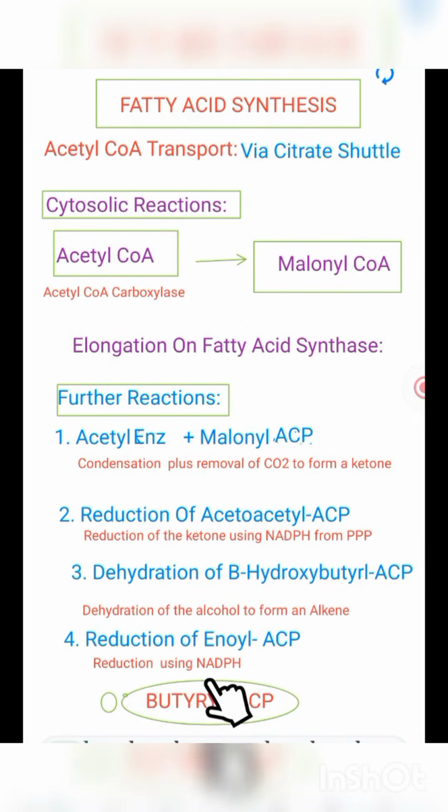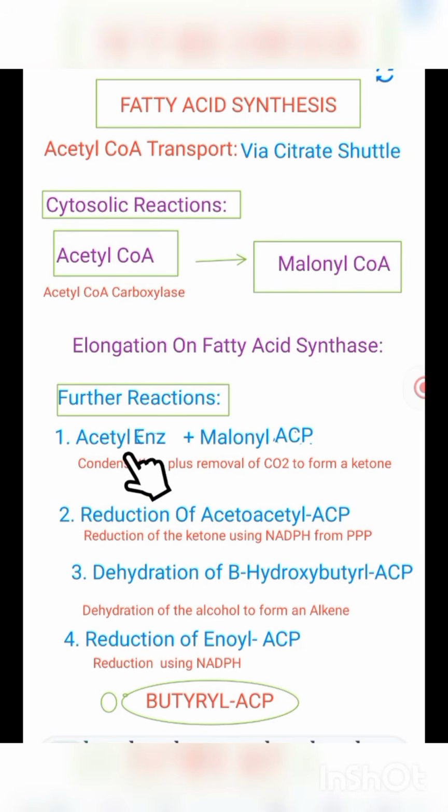Now, what next after forming a 4-carbon fatty acid known as butyryl ACP? This is where it gets interesting, as we're going to see in our next lecture, because this 4-carbon molecule is what will now sit in this position where you have the primer acetyl CoA in the first place.